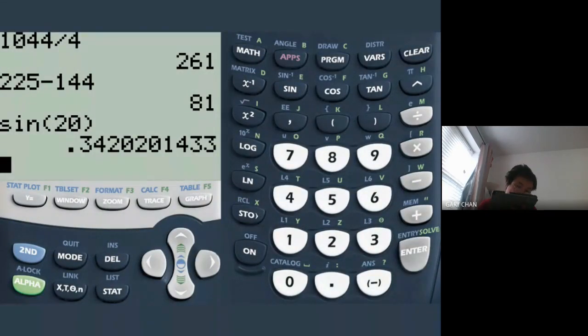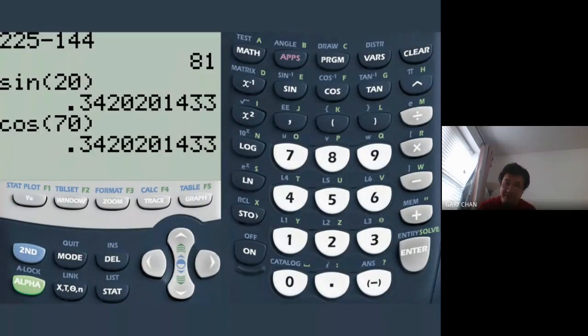We end up with 0.342. And if I type in cosine of 70, let's see if it comes out to be the same. And indeed they are.